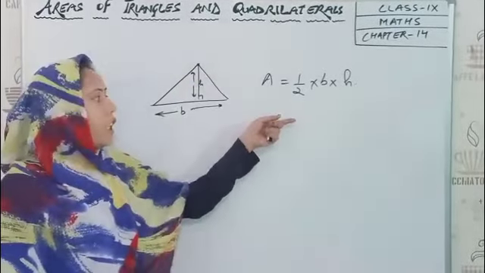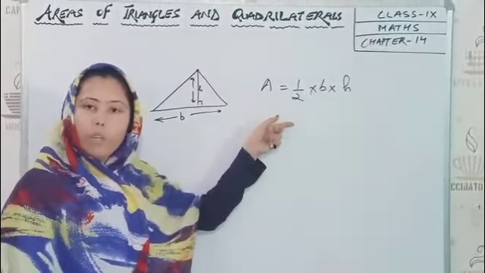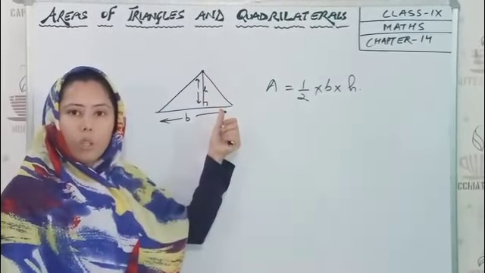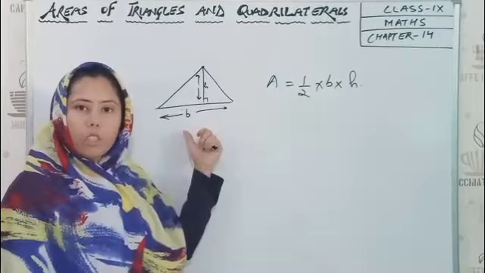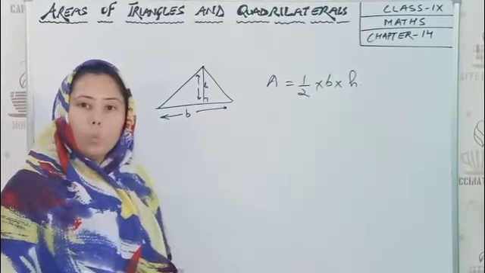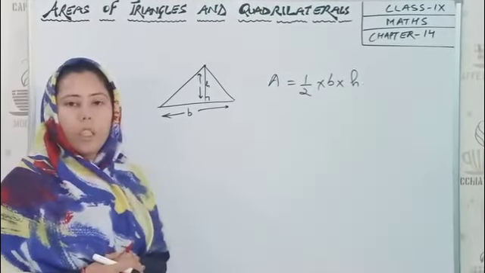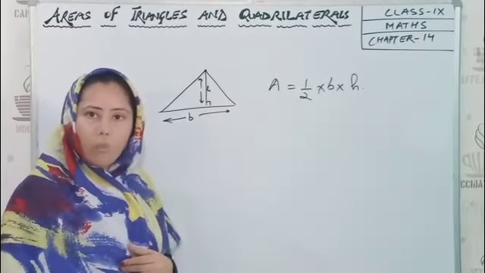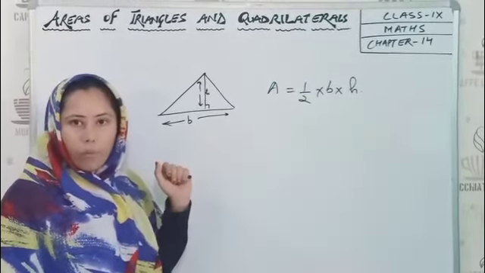Till now in class 8 we found area using this formula, in which the height and base must be given. Now in this chapter in class 9 we will learn how to find the area of a triangle when the height is not given.